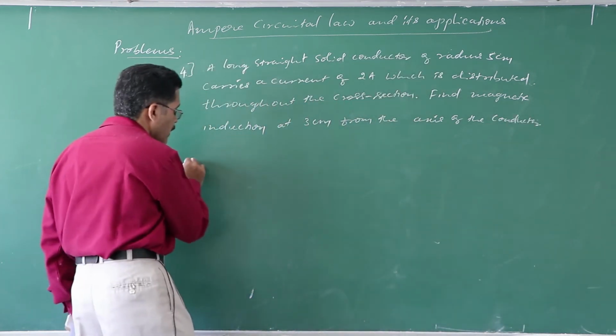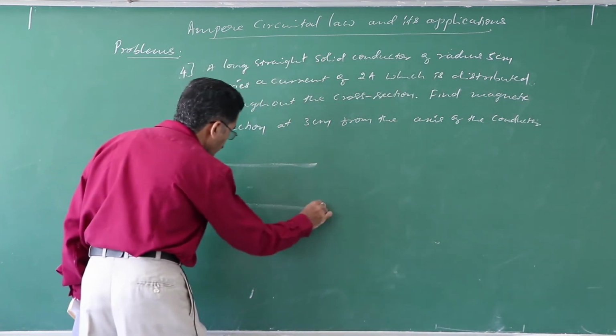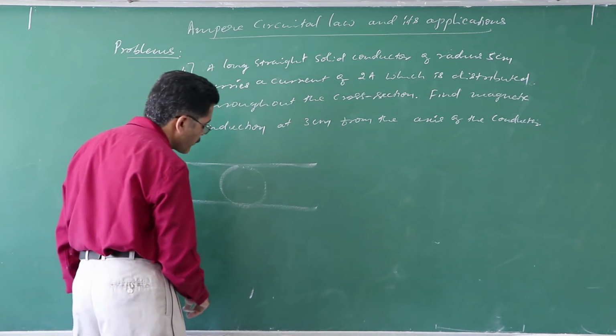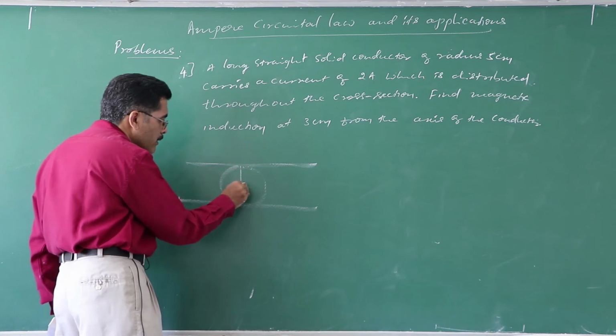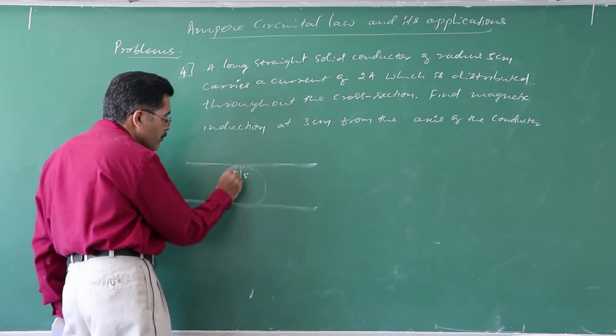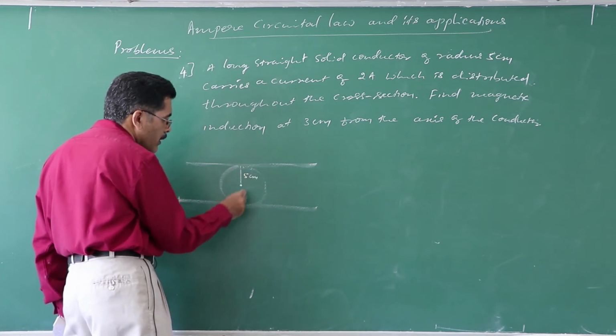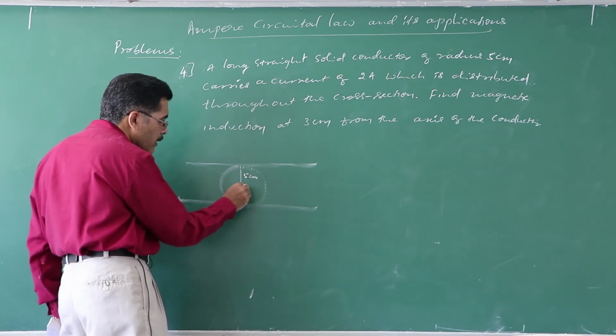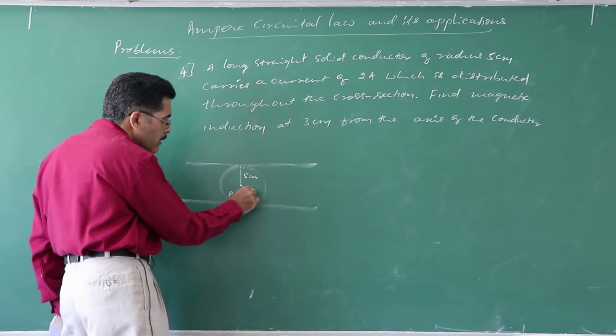See, this is the conductor, this is the cross sectional area. Here the radius is 5 centimeter. They ask you to find this at this point, at 3 centimeter.